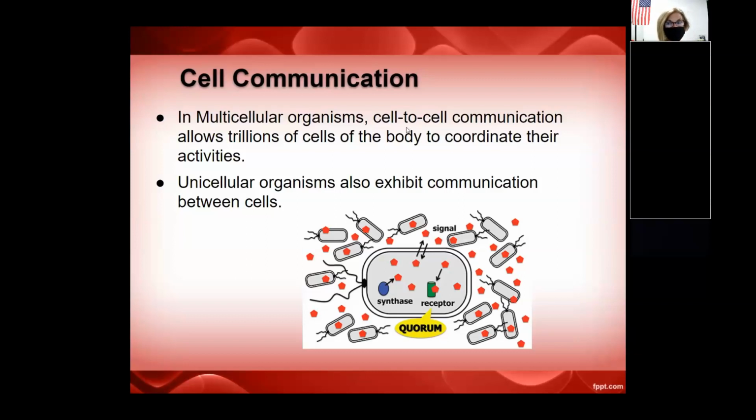Unicellular organisms also do have a form of cell communication. It's called quorum sensing. Well, that's one example. So these are all bacteria and they're releasing these red markers. And the red markers would bind with receptors in another bacterium, and they're not literally red markers, but in the graphic, and that would cause the next bacterium to also release that chemical.